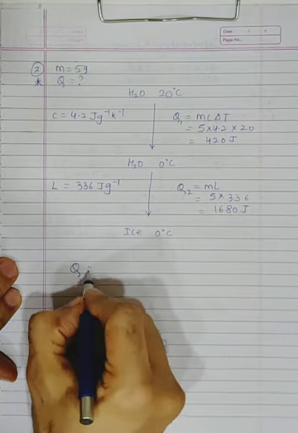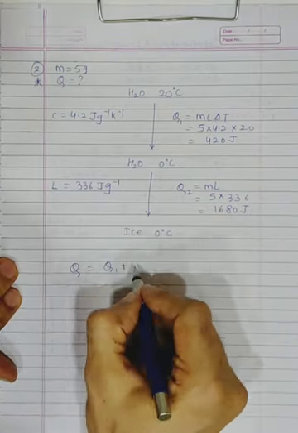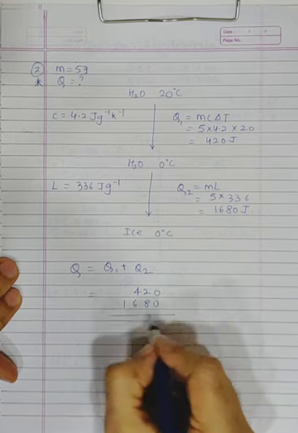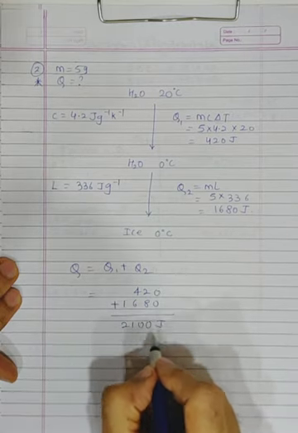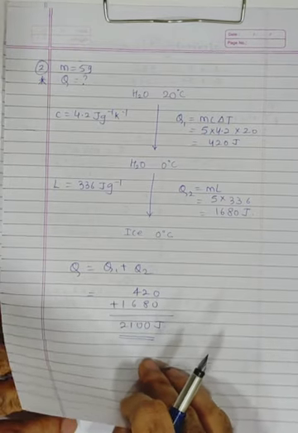So what's the total heat? It will be Q1 plus Q2. Q1 is 420. Q2 is 1680. Add them. 2100 joule. That's the answer. So that gives you the total amount of heat, 2100.